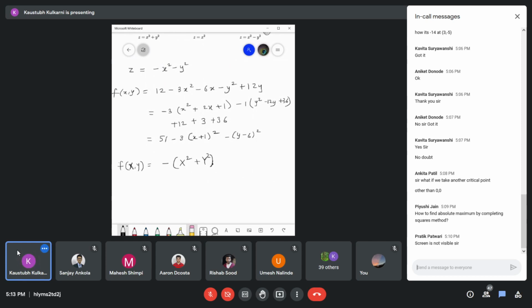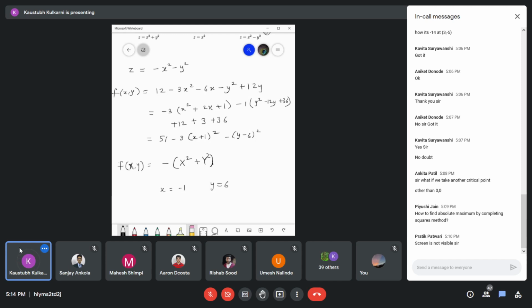You can see the square terms here: the x square and y square terms are negative. It has the critical point at x equal to minus 1, where capital X will be 0, and y equal to 6, where capital Y will be 0.